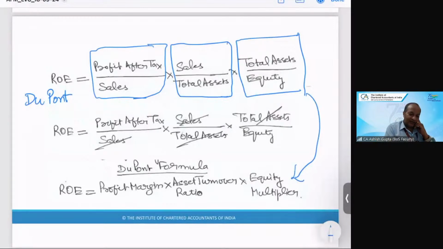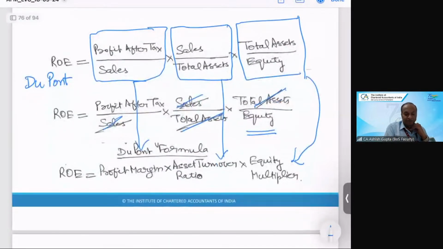It is basically the asset turnover ratio, and this is your profit margin ratio. By this, we cancel out the sales, and here we cancel out the equity. So ultimately it becomes how much I am earning on my equity. That is called return on equity.